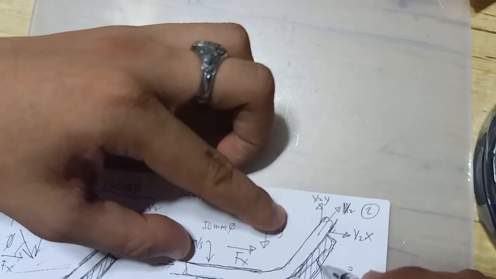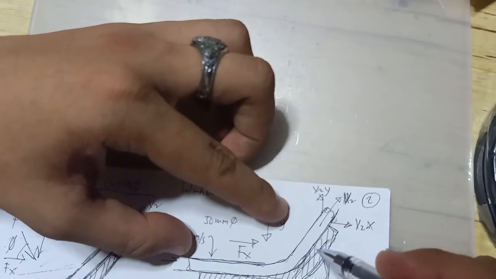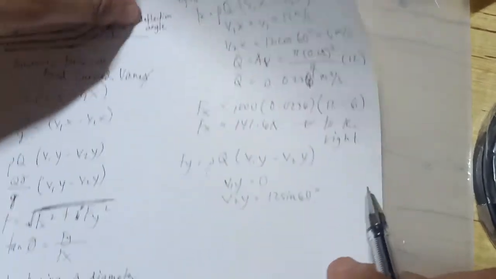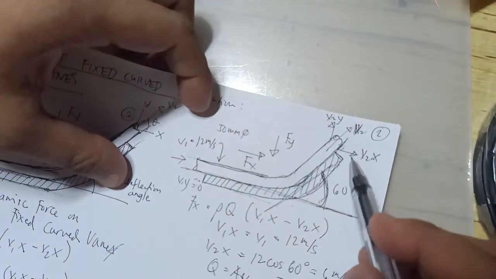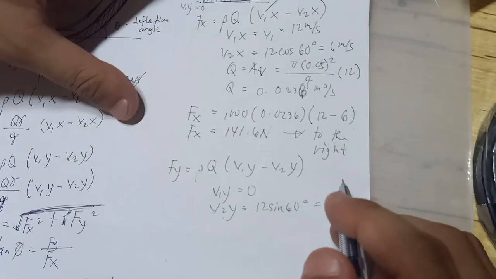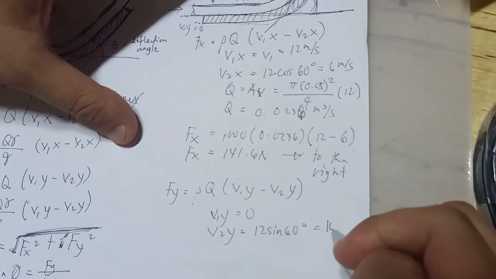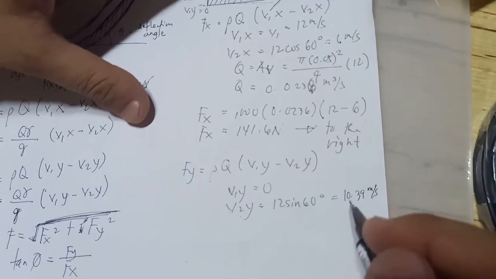Of course, when it is adjacent to the angle, v sub 2 uses cosine. When it is far, on the opposite side, it uses sine. v sub 2y is opposite the angle. So let's use sine, and it is 10.39 meters per second.